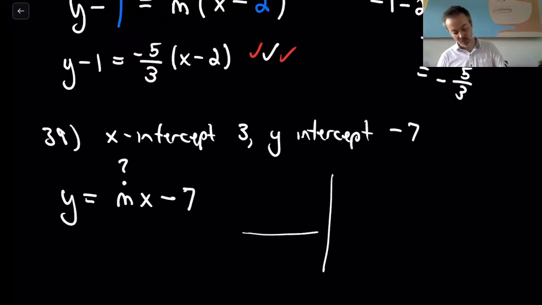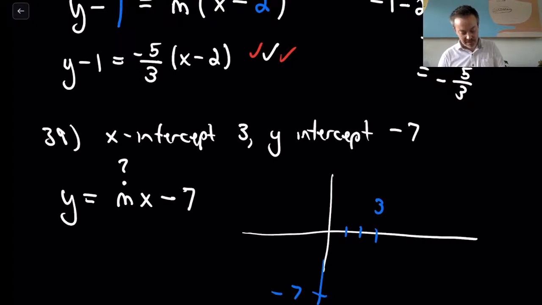If you want to see a little picture, it says that the x-intercept is over here at 3 and the y-intercept is down here at -7. So you could do change in y over change in x. And just like Queen Bee is saying, this is important too: the x-intercept of 3 means that the point (3, 0) is on the line.